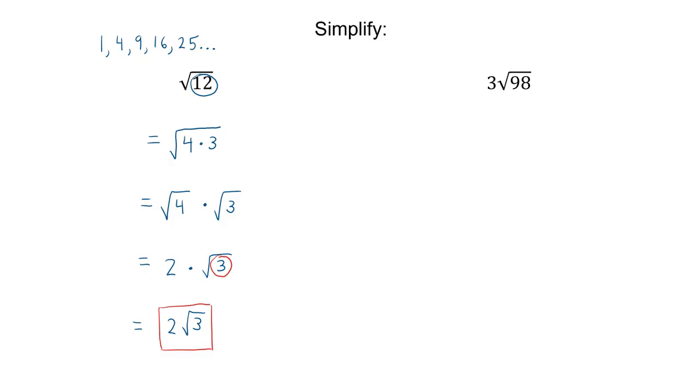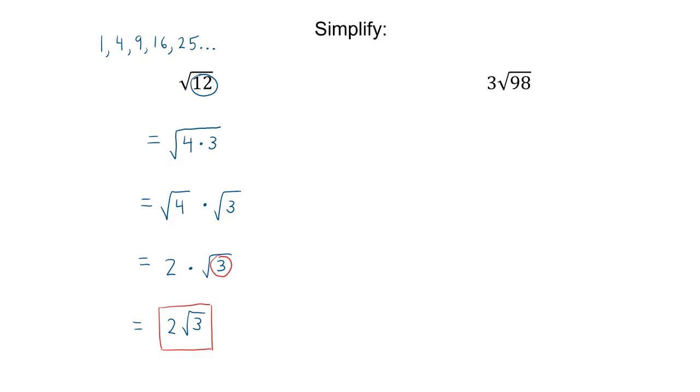But just because we stopped our perfect square list with 25 doesn't mean that there's not a bigger perfect square that will evenly divide 98. As a matter of fact, we need to keep listing perfect squares until our list contains values that are greater than half of the number underneath the radical sign.